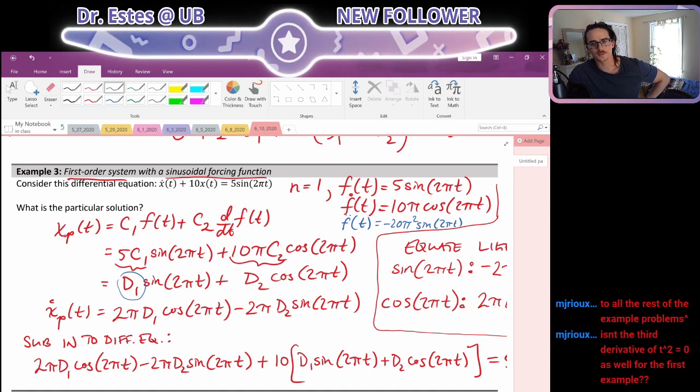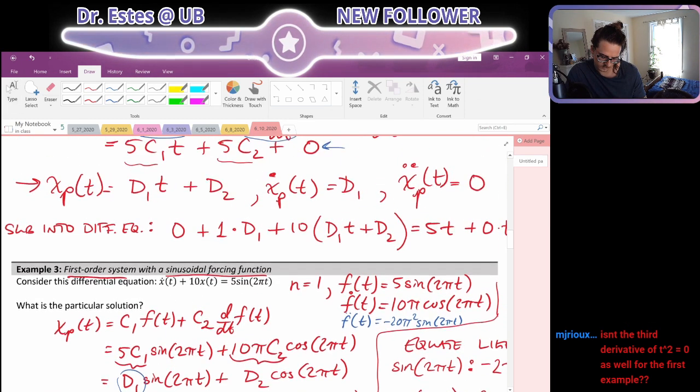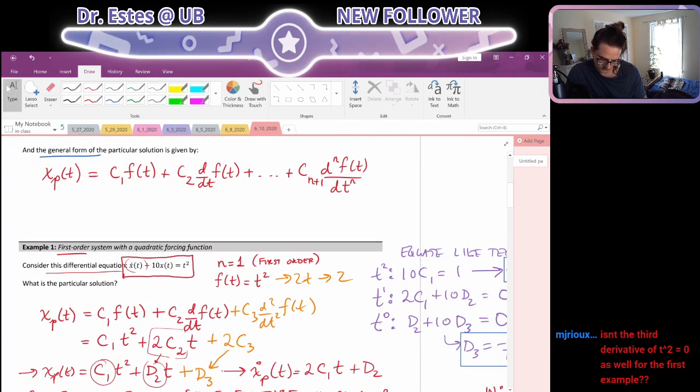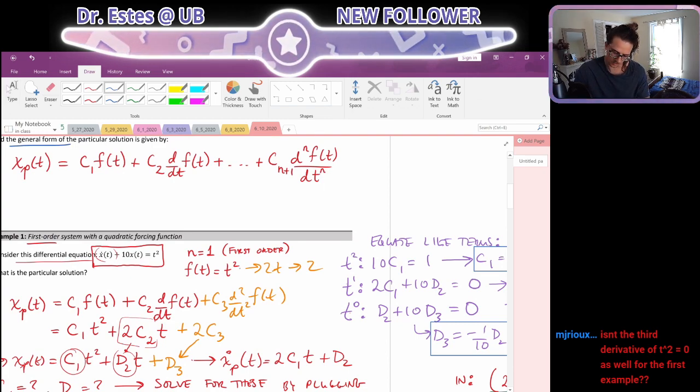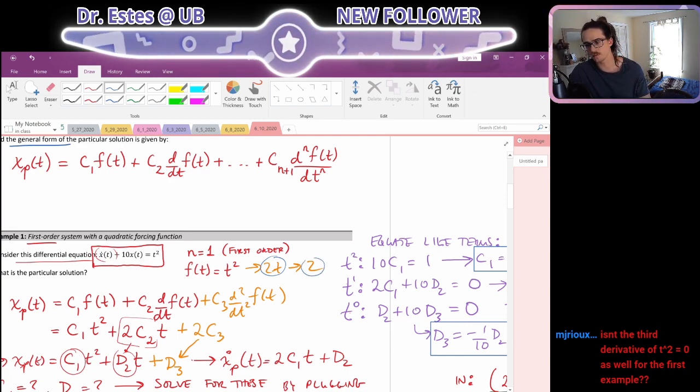So I think, isn't the third derivative of t squared equal to 0 as well for the first example? Well, okay, so the first derivative is 2t, the second derivative is 2, and the third derivative would be 0.